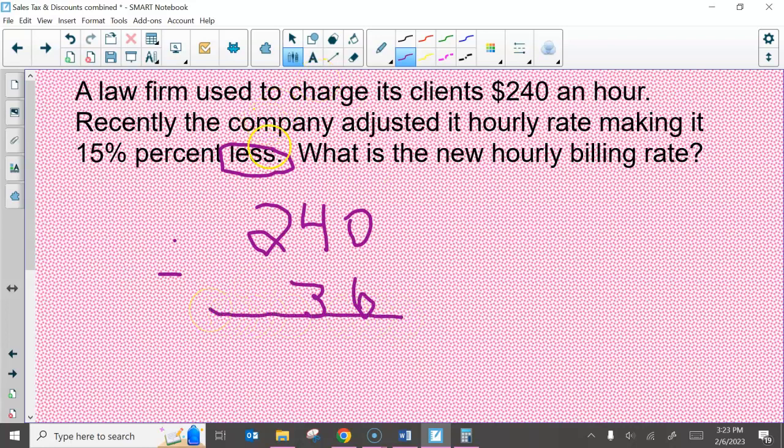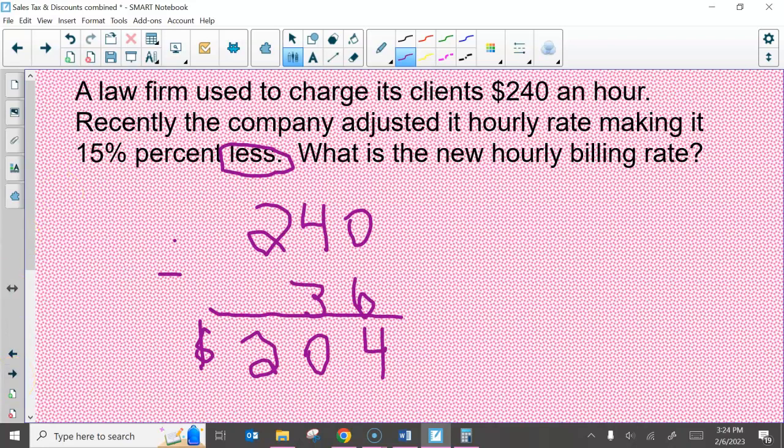We are subtracting because it is going to be less. Adding would make it more, so we're subtracting. And when you subtract, you'll see that their new price is $204 instead of $240. Okay, so it is cheaper. The word less told us we're going to subtract. But again, all we did was take the price times the percentage.